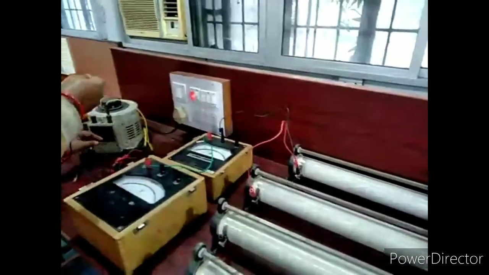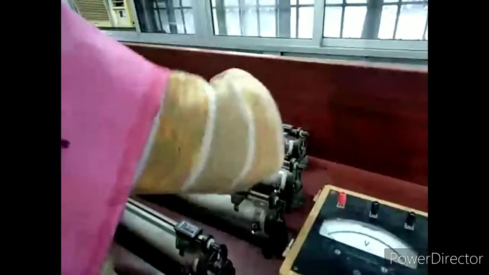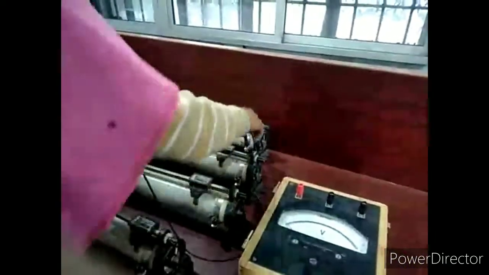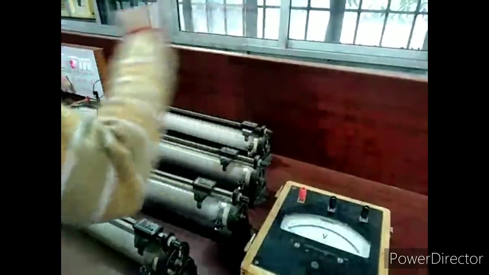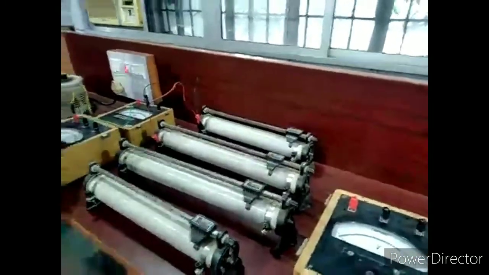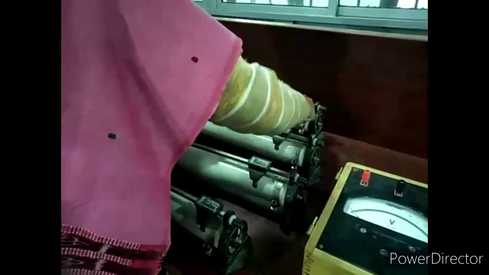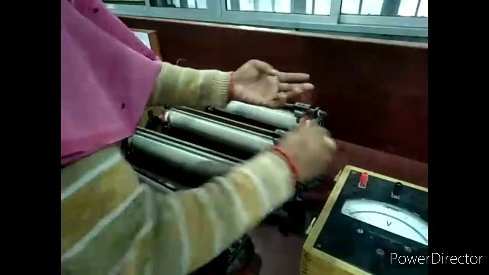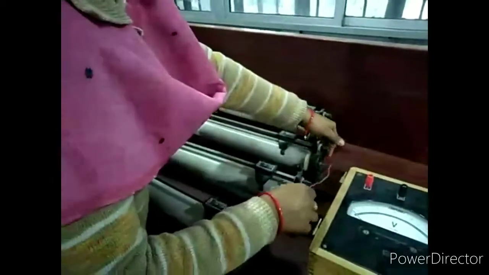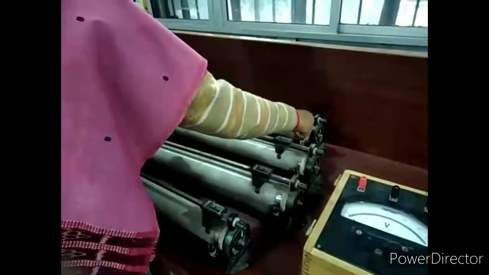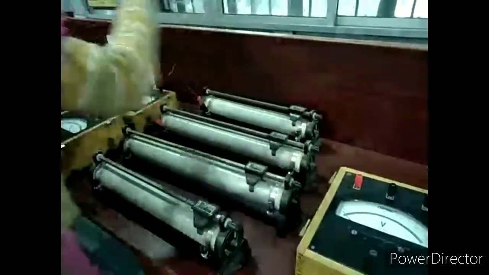Then the end point of R1 is connected to the starting point of R3. I take some long wire here.